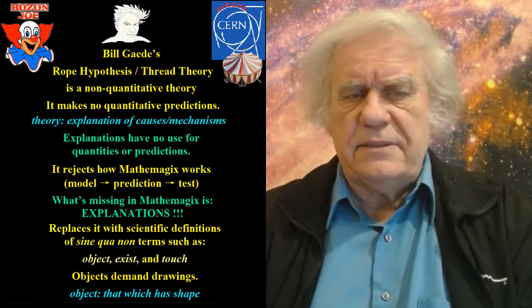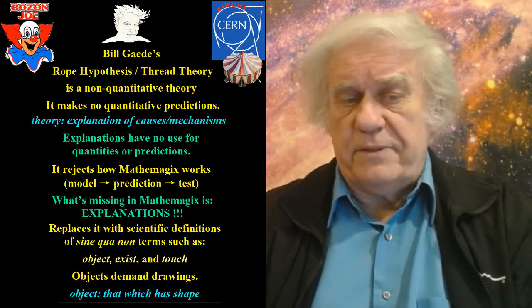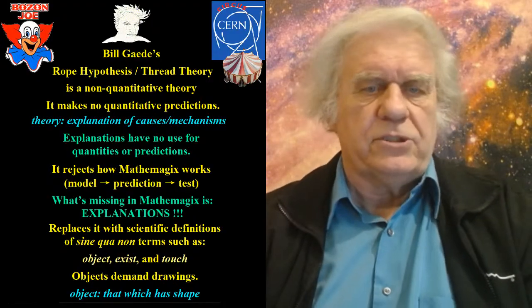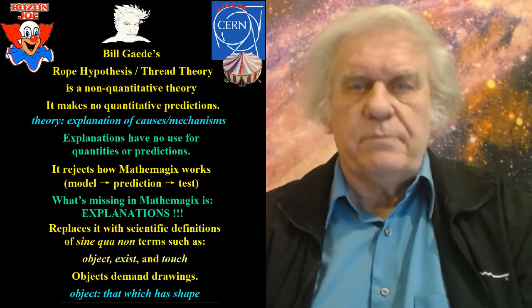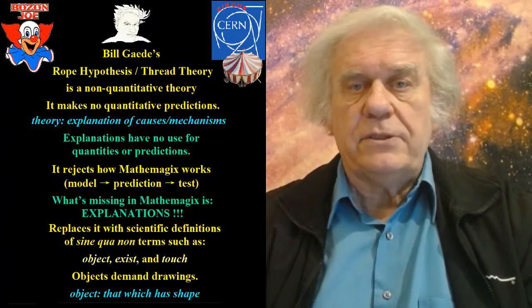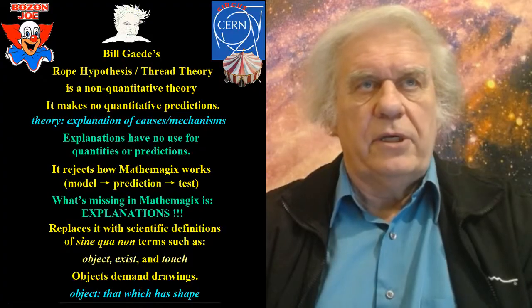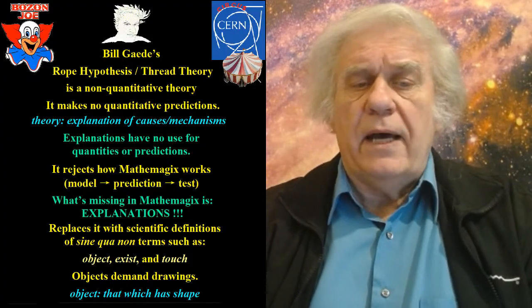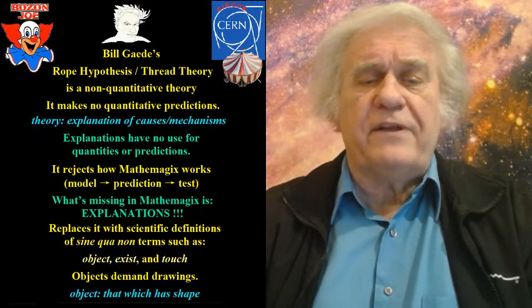And so he said, and what I'm saying is, what's missing in mathematics is explanations. They don't have any explanations today for any phenomenon involving invisible, intangible mediators: gravity, light, magnetism, and so on. He says it replaces it with scientific definitions.